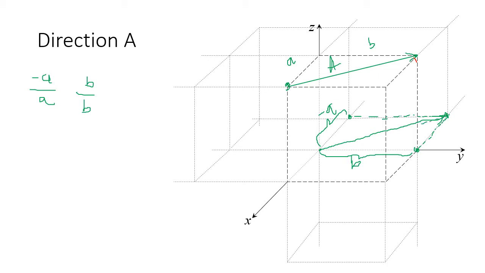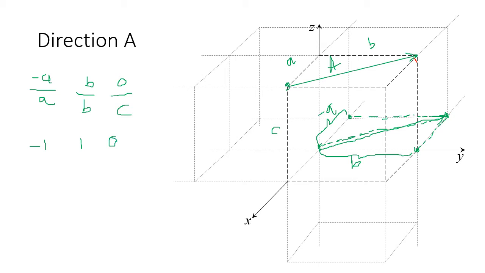If I try to draw the projection on z-axis, I must draw a line parallel to the xy plane, so I come to the origin, and hence this projection length is 0. And if c is the lattice parameter along z-axis, then 0 divided by c. Then we drop the lattice parameter. So we have minus 1, 1, and 0.